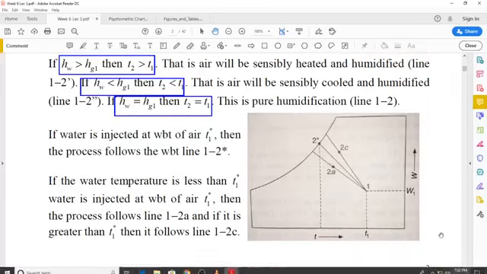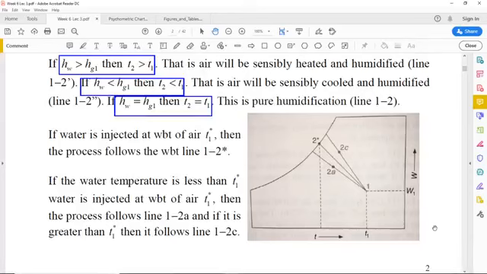And they are again described to you, that if the water is injected at a temperature which is equal to the wet bulb temperature of air at state 1, it will follow the constant wet bulb temperature line, that is 1 to 2 asterisk or 2 star.